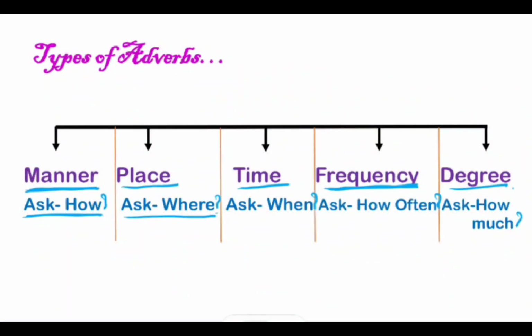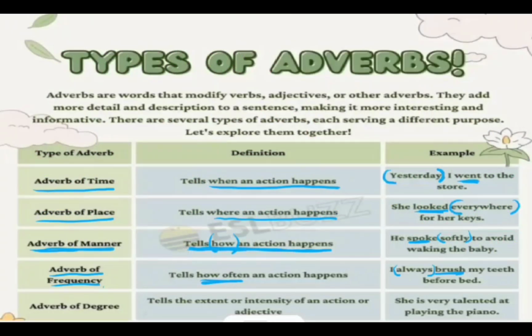Then ask how much, and you get the answer for adverb of degree. Adverb of degree tells you the extent or intensity of an action or an adjective. So, she is very talented at playing the piano.